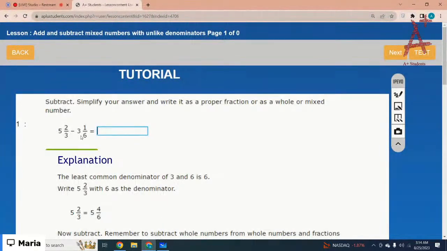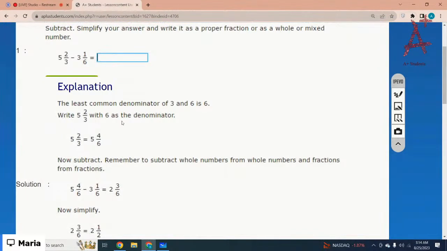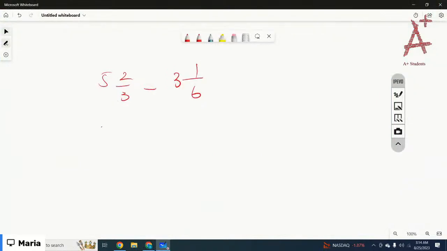One of them has the denominator 3 and the other one has the denominator 6, right? First of all, you have to make their denominator 6. Multiply this fraction by 2, right? So multiplying a fraction means you have to do only the fractional part. The whole number part would be the same. You have to do 2 times 2 divided by 3 times 2, right? You just have to multiply the fractions. 2 times 2 is 4 and 3 times 2 is 6, right?